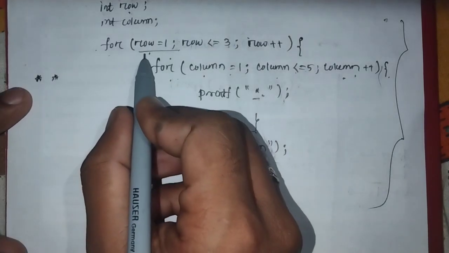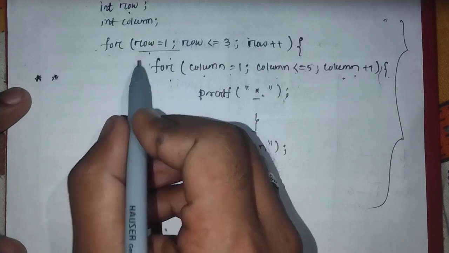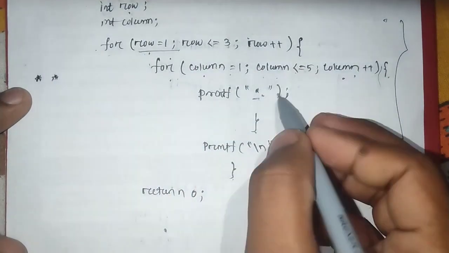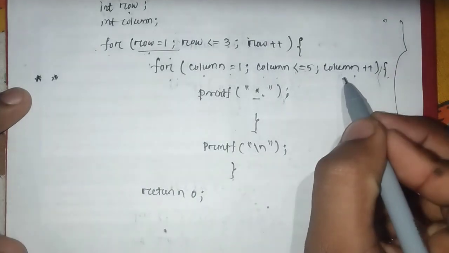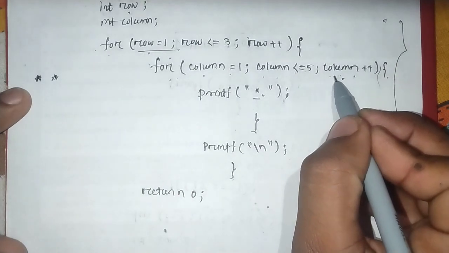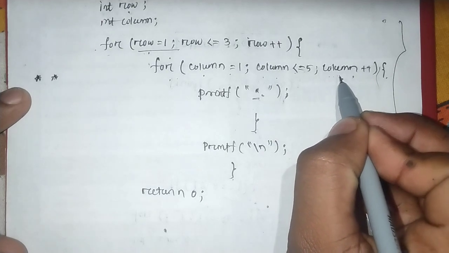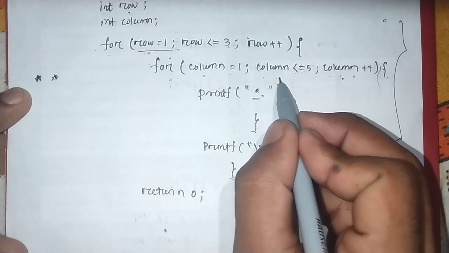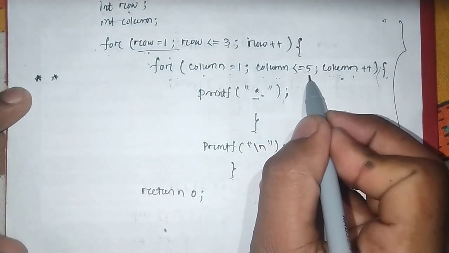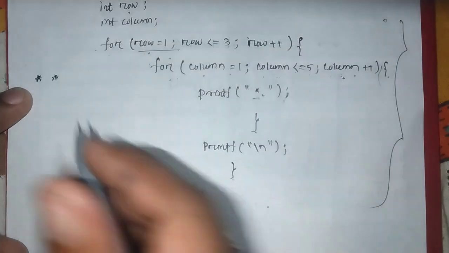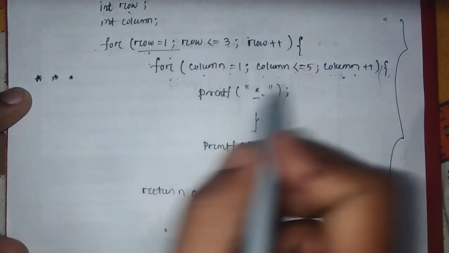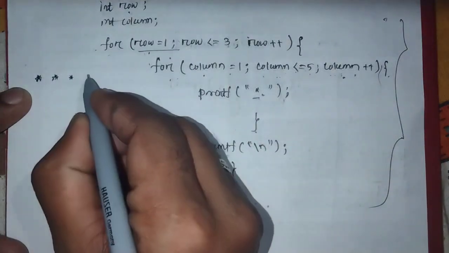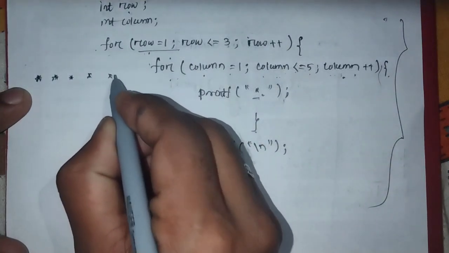After the execution of the first and second elements, it will go to the next operation. After the incrementation, the column value will be 3. So it will check here: 3 is less than or equal to 5. So it is true, and it will print a star in the place of the third element. Next for the 4th element, next for the 5th element.